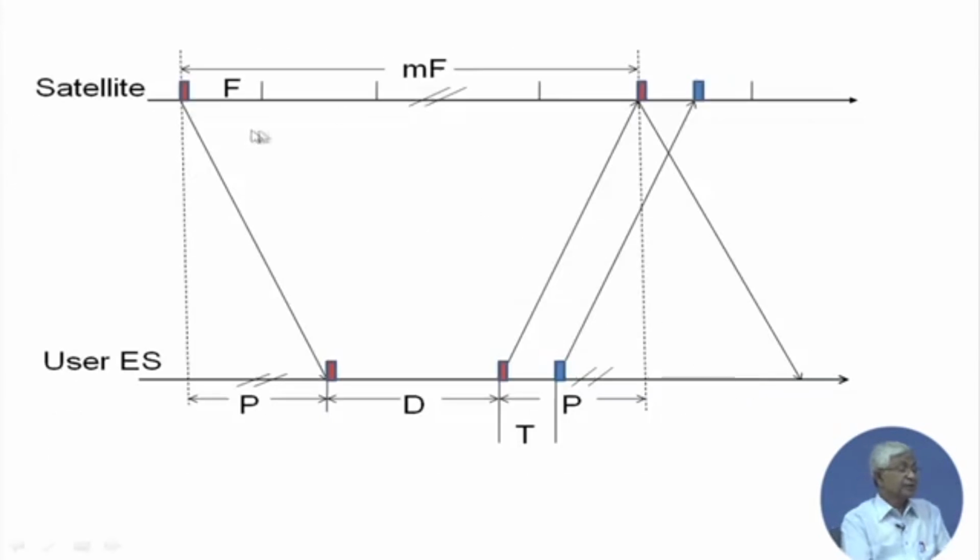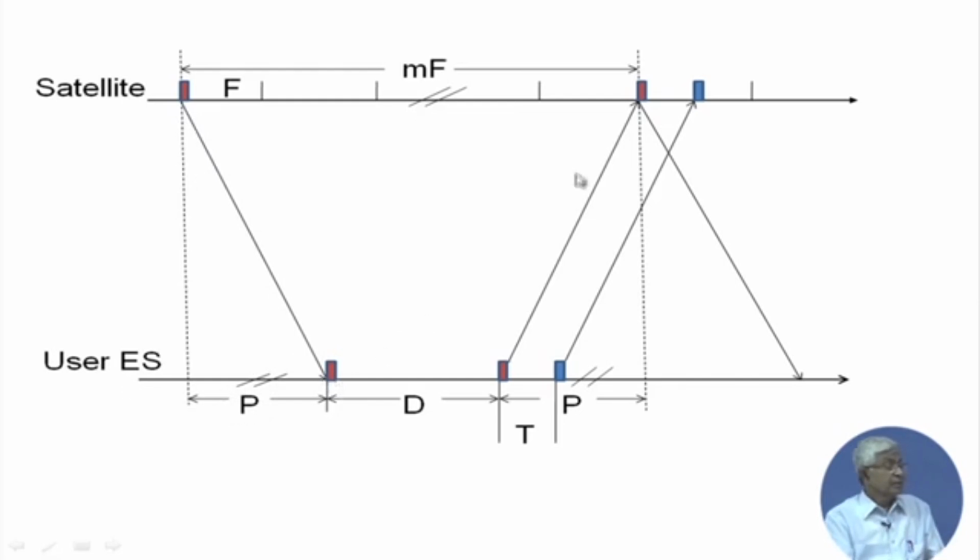Let us look at it the way I am telling, with an example. Say at the satellite, these are the frames, f standing for frame, and at the beginning of each frame the reference burst appears. Now, at the satellite, the reference burst will be received after a propagation delay p at a user station.